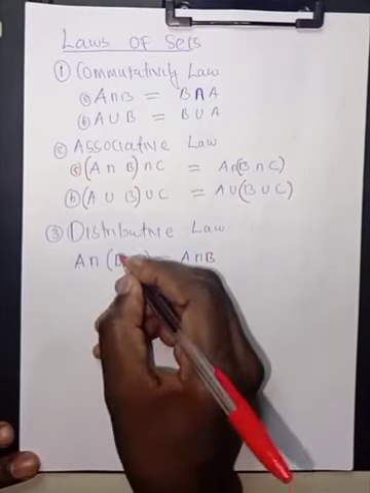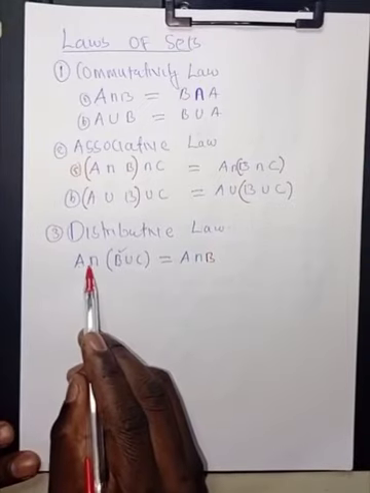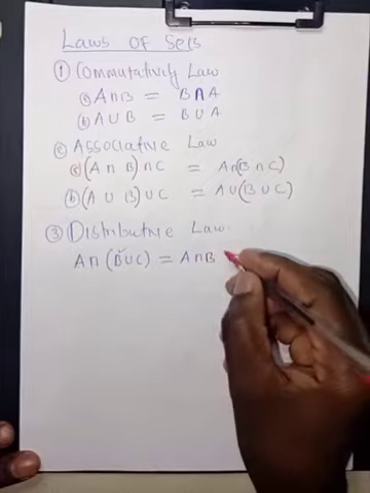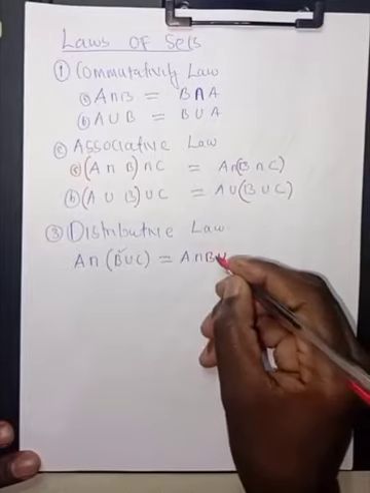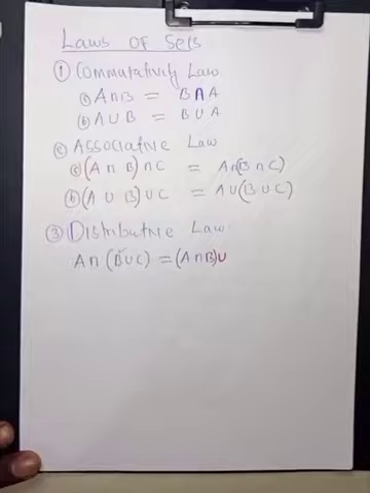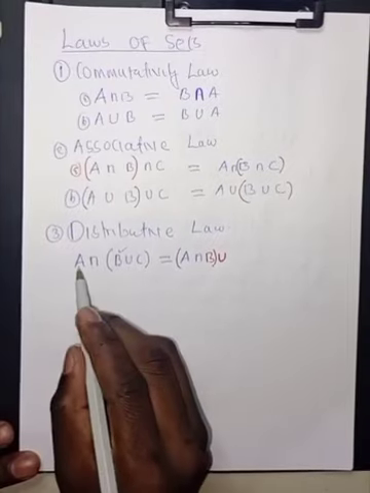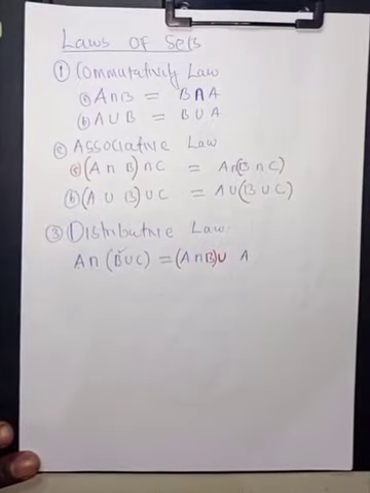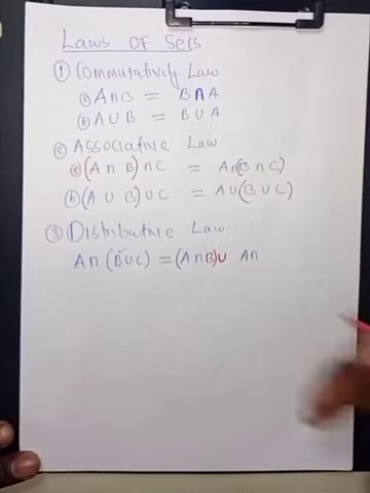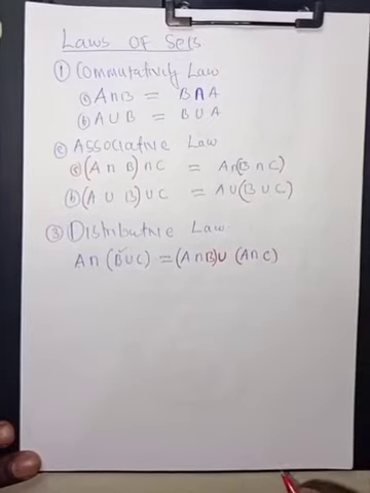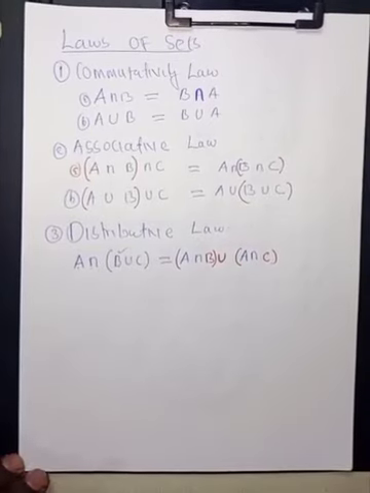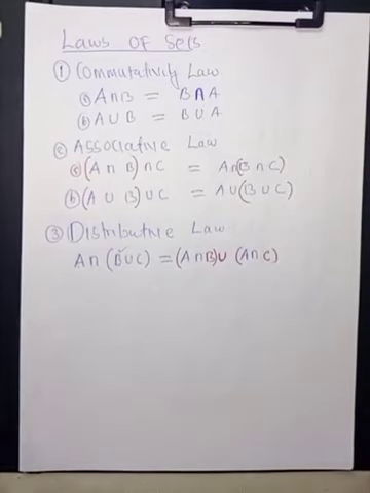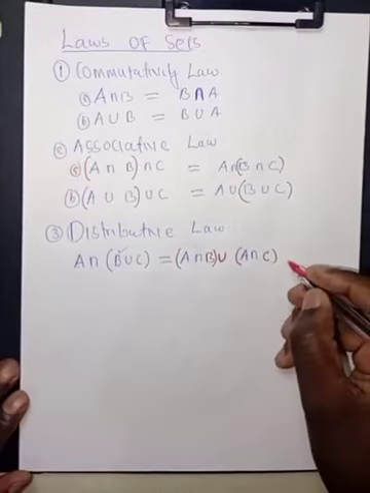The separating symbol between B and C is union, so we put our union here. We put this in brackets, then the other one, A intersection C. So this will be our first distributive law, where we say A intersection what is inside the brackets. Make sure that you know this one very well.